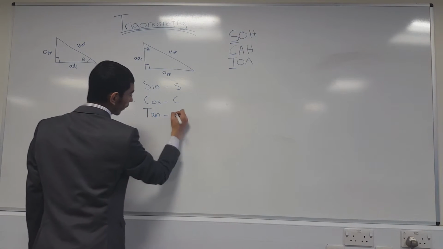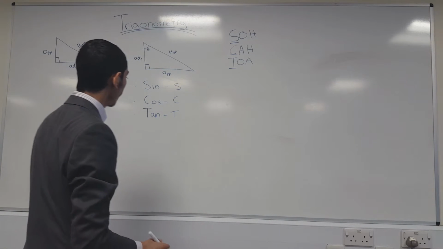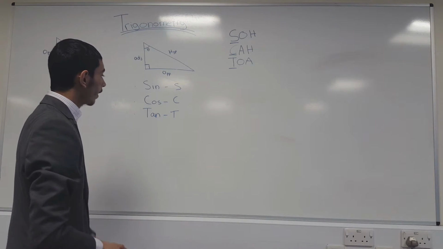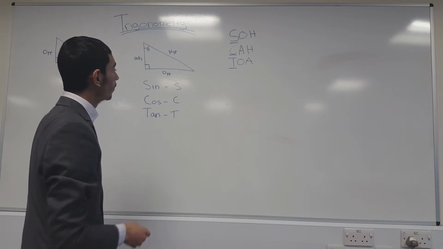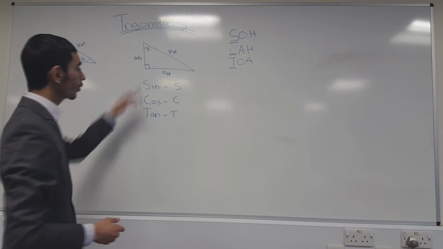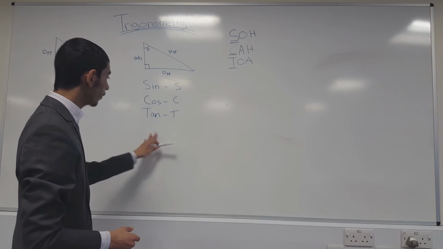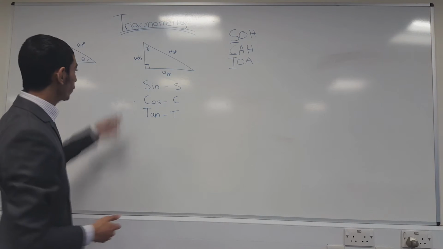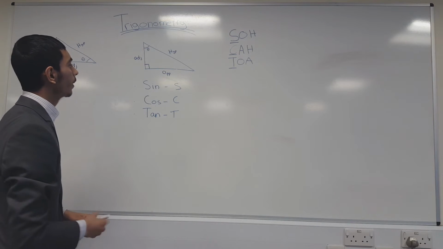Yet again, another trigonometric function which you don't need to know about right now, at least, unless you're going to do maths further on. But the point is, these are the functions that you will be using in trigonometry to work out missing sides and missing angles of a right angle triangle.